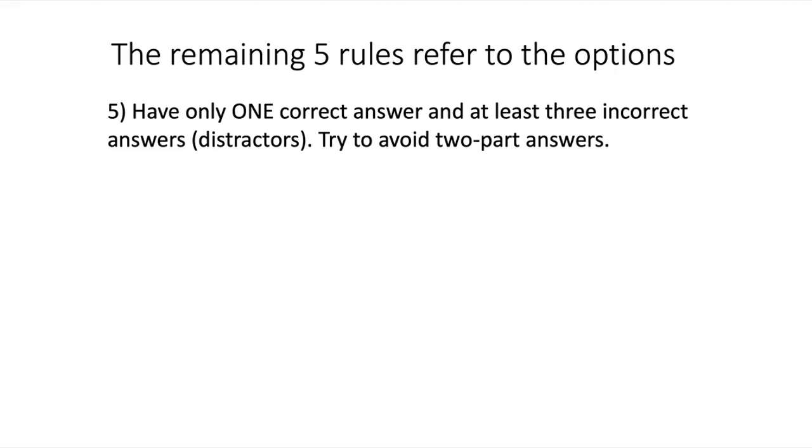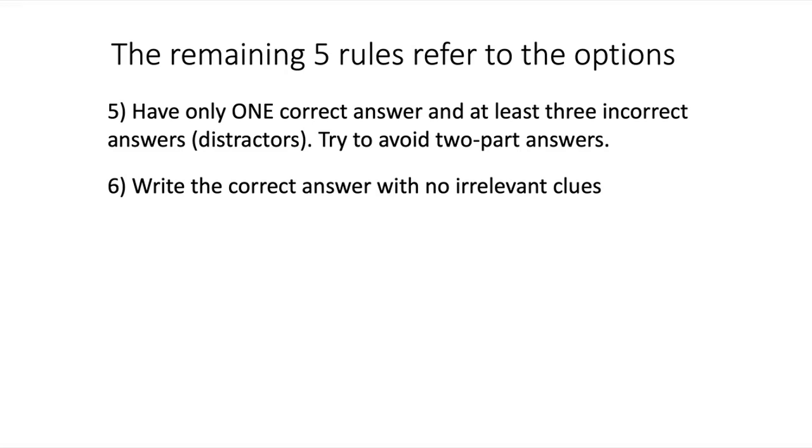And that while having multiple correct answers or multiple parts to an answer, yes, we're going to find the students that don't know the whole thing, but we are penalising them when they did know some of the material. So we recommend not doing that if you can possibly help it.